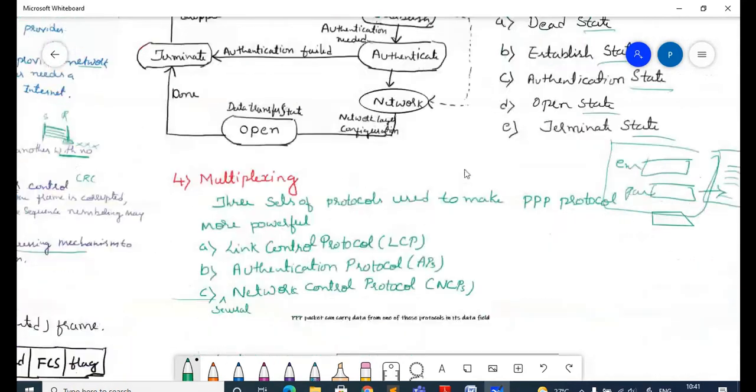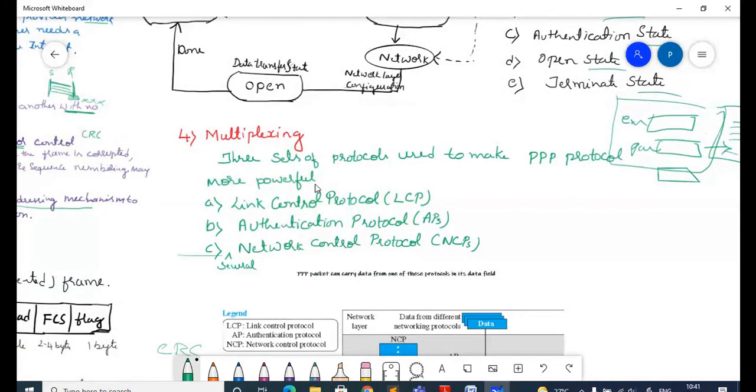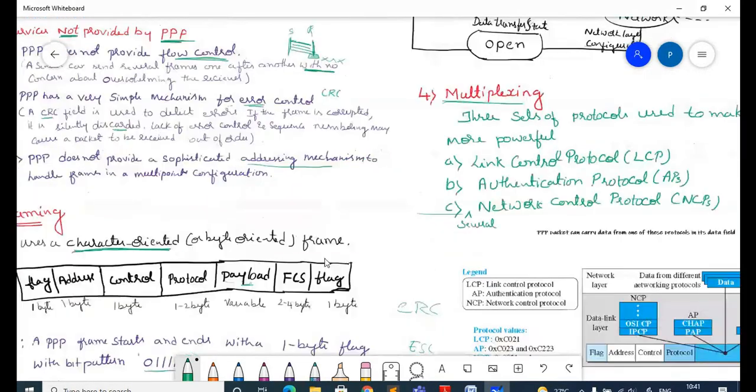So next we have multiplexing. Here there are three multiplexing protocols with respect to the frame. Three sets of protocols are used to make point-to-point protocol. I told you about the protocol frame structure, the basic frame structure, whatever I explained.